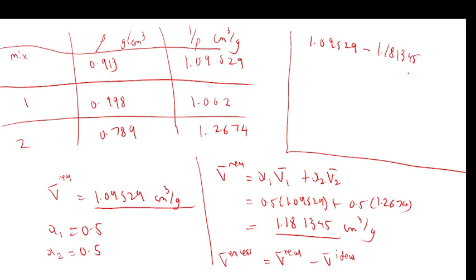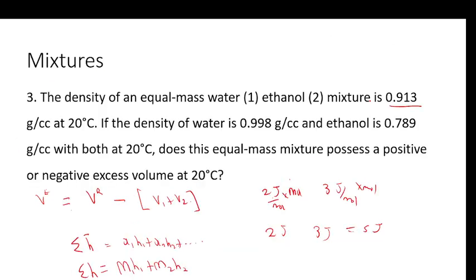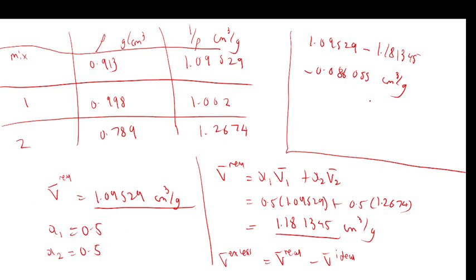If I should find the difference, it will give me, I think that's minus 0.086055 cm cube per gram. Yes, I think that's it. Okay, so that's what we'll be getting.